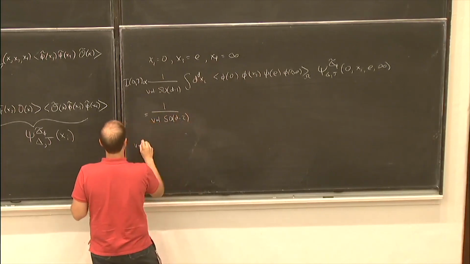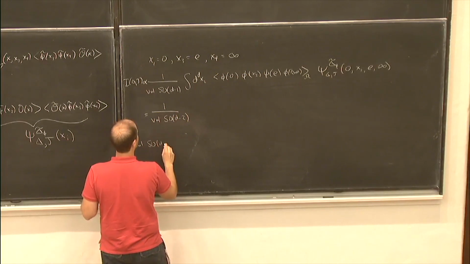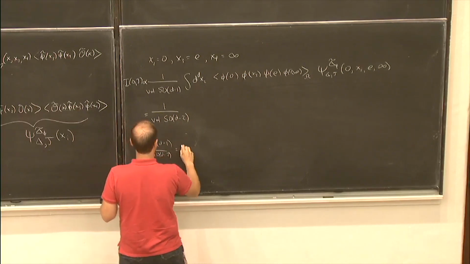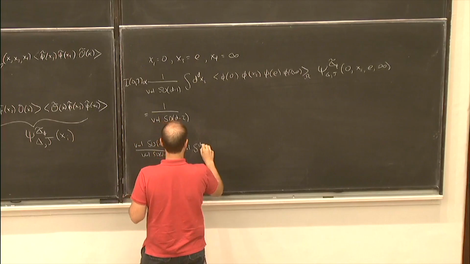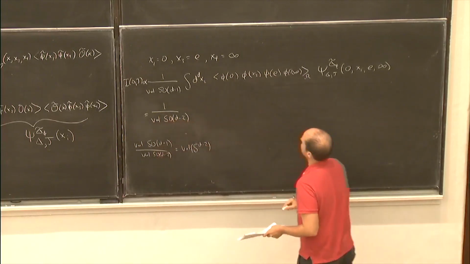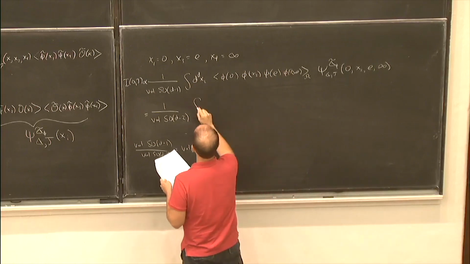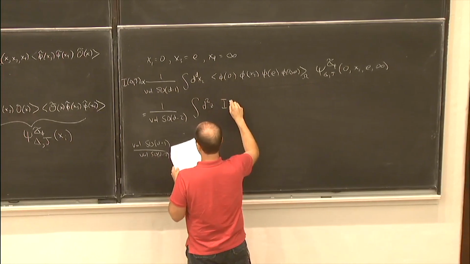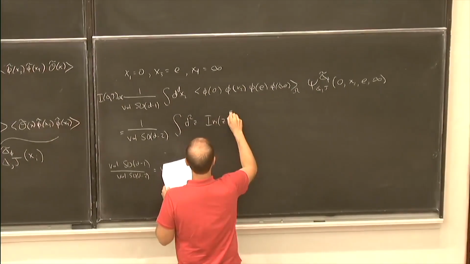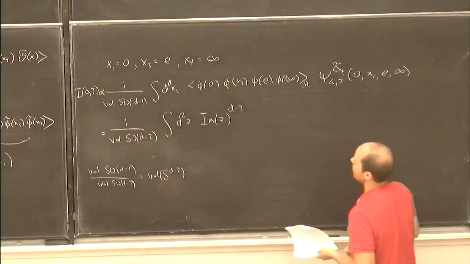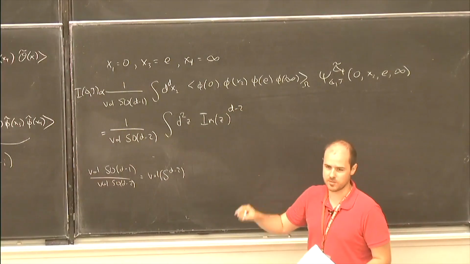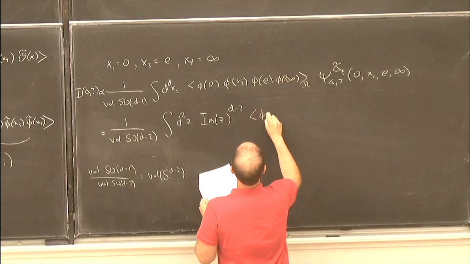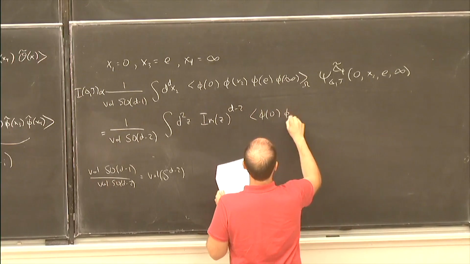Here we're using the fact that the volume of SO(d-1) divided by the volume of SO(d-2) is equal to the volume of the (d-2) sphere, times an integral over just the z-plane of the radius of the sphere to the d minus 2. So this is the volume of the (d-2) sphere that we're integrating over in order to put x2 on a plane.